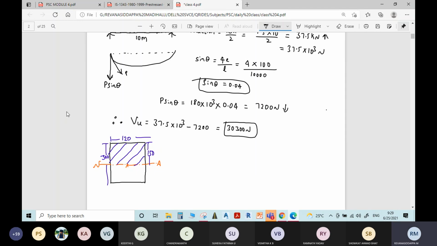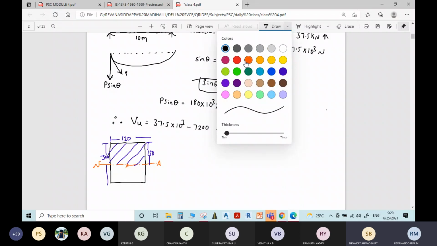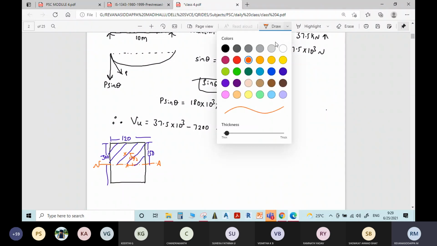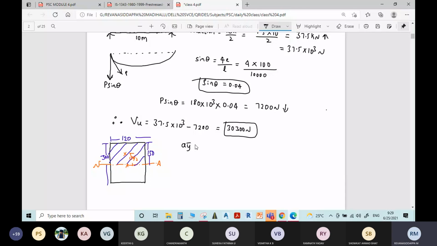So area into perpendicular distance: area will be 120 into 150, and distance y bar will be how much? This one, it is 150 divided by 2, or 75. So you calculate. Therefore, A y bar is equal to 120 into 150 into 150 divided by 2. How much will you get?